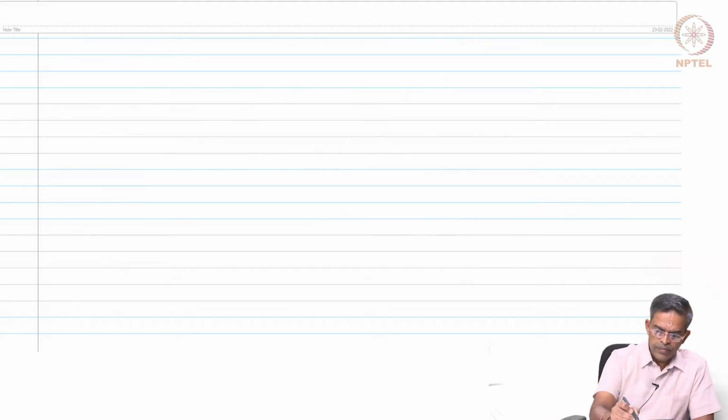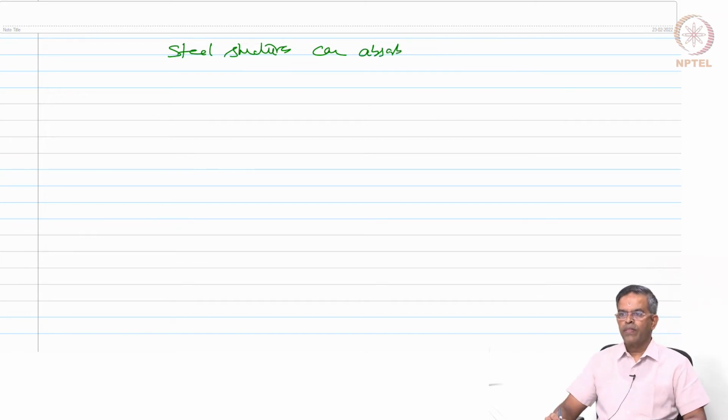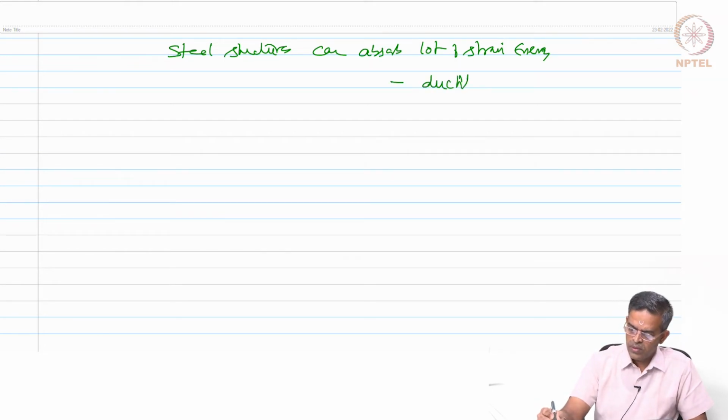Especially steel structures can absorb a lot of strain energy. This is because of its ductility property.